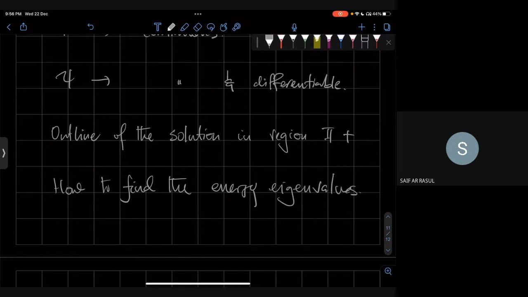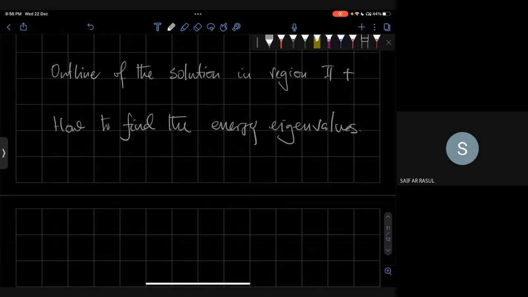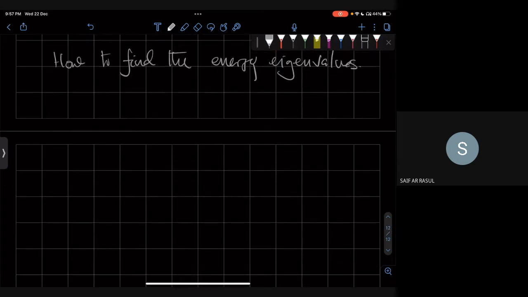Now, it turns out that it's actually very hard to find the exact solution to this. It's actually easier to do because you have to solve a transcendental equation, okay? So that's why it's hard to write. There is no very clean closed form expression for the energy eigenvalue. So let me just show how you derive this.